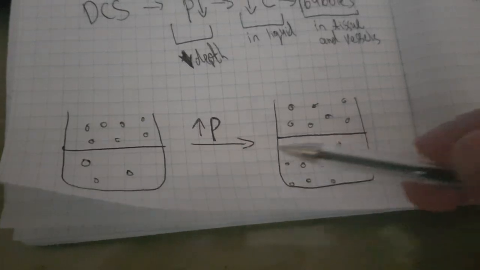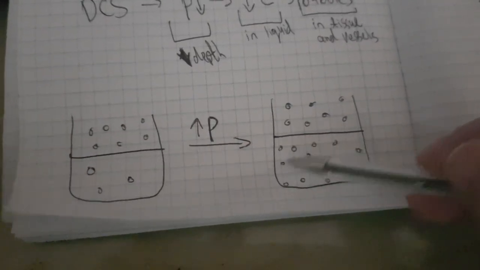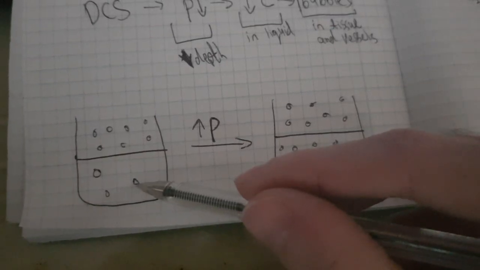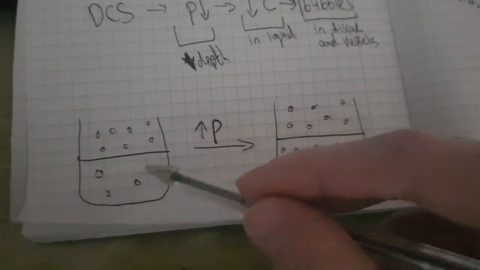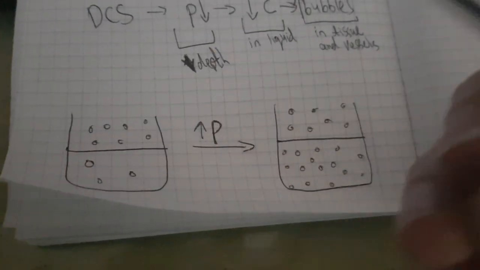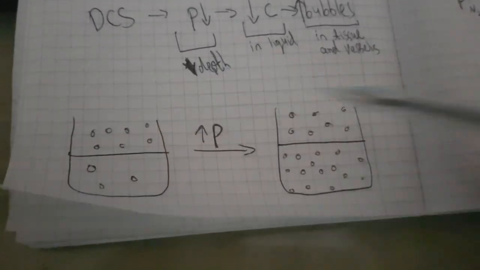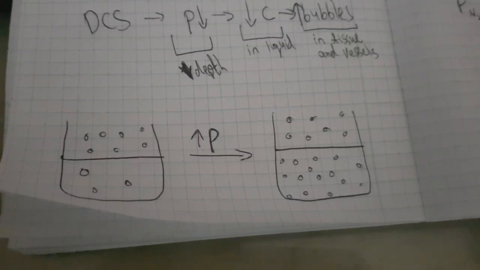When the pressure decreases, according to Henry's law, the concentration of gas, for example, nitrogen, decreases. And what happens is that this decreasing concentration causes gas bubbles to form. And this is the mechanism by which decompression sickness happens.